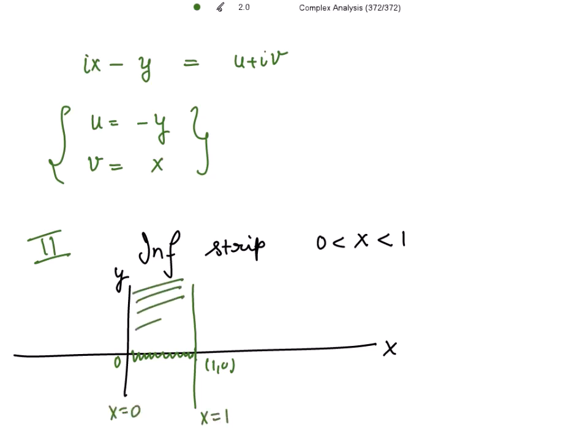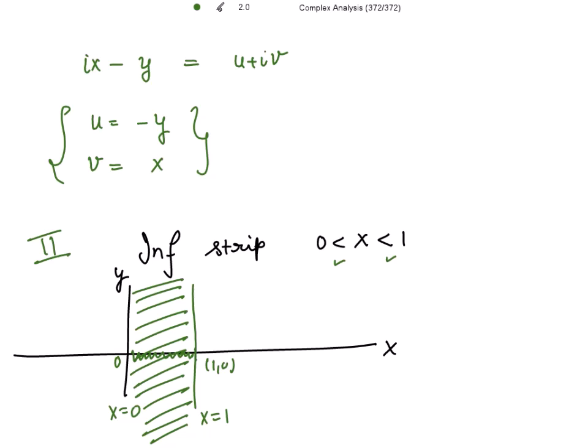This is your infinite strip. The points 0 and 1 are not included. As we have strictly less than, there is no equality. So this region is the infinite strip.